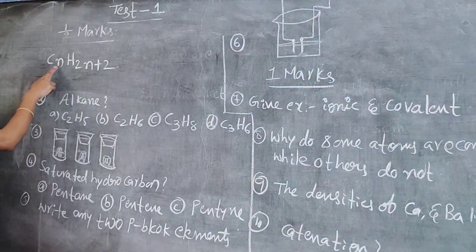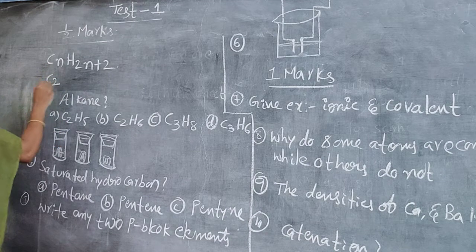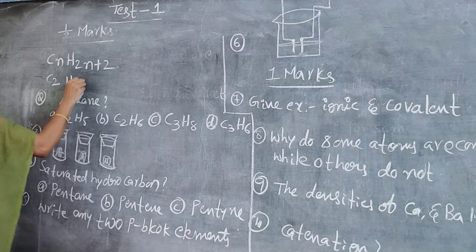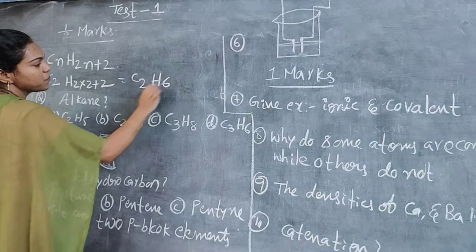the alkane general formula is CnH2n plus 2. You have to apply the number in this formula. Here for option A, C2, you apply 2: H is 2 into 2 plus 2, which equals C2H6.